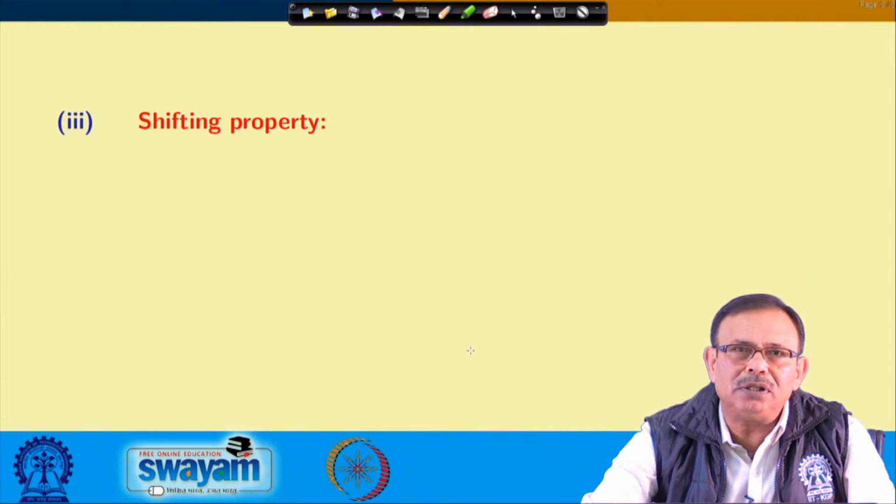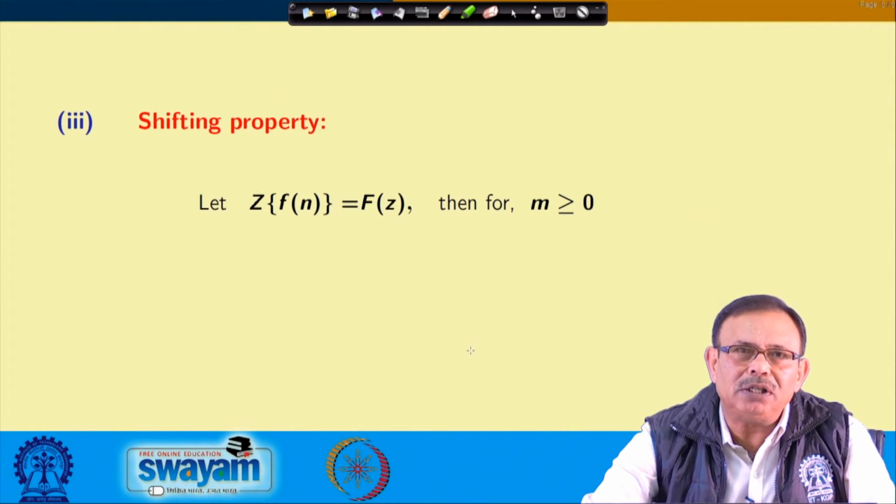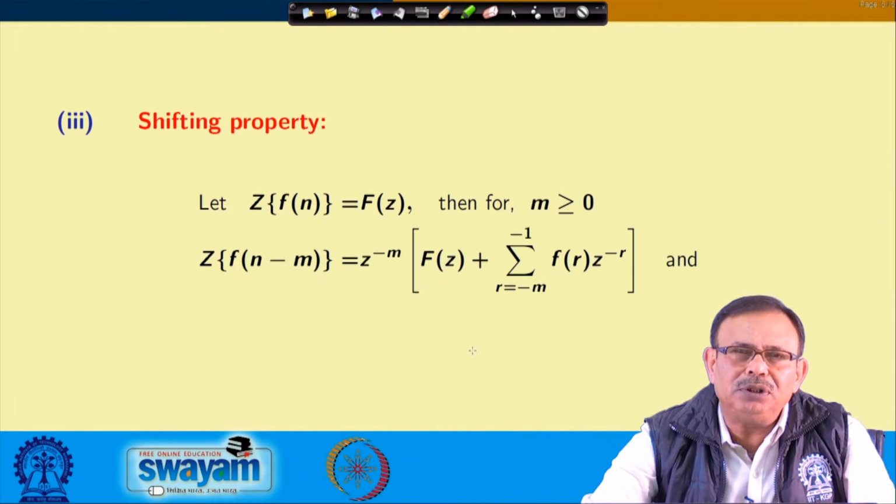The next property is the shifting property. That is, if the Z transform of f n equals capital F z, then we can show these things. The Z transform of f of n minus m will be equal to z to the power minus m into capital F z plus summation r equals minus m to minus 1 f r z to the power minus r.